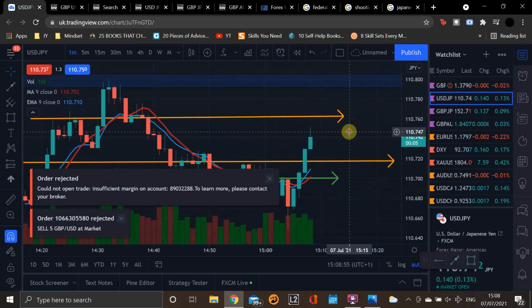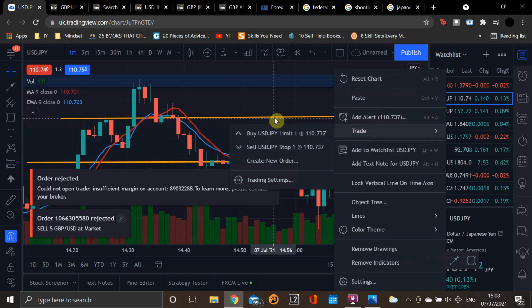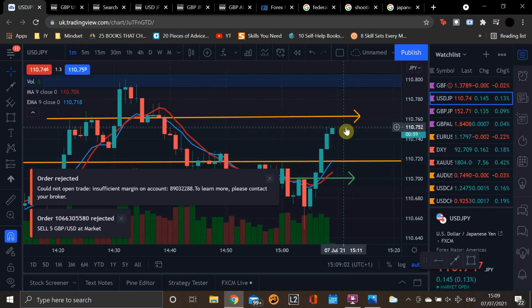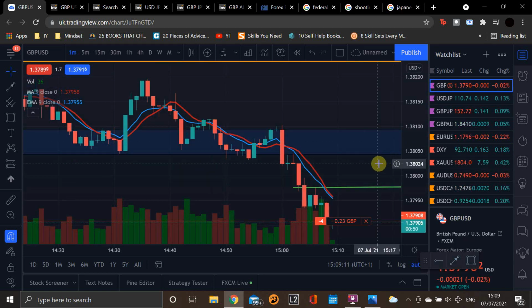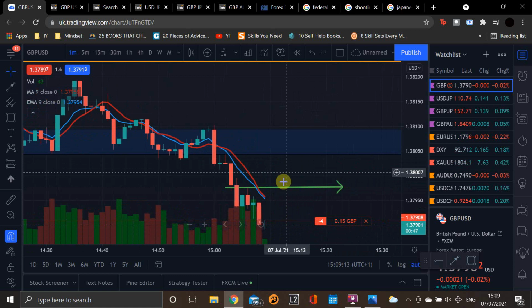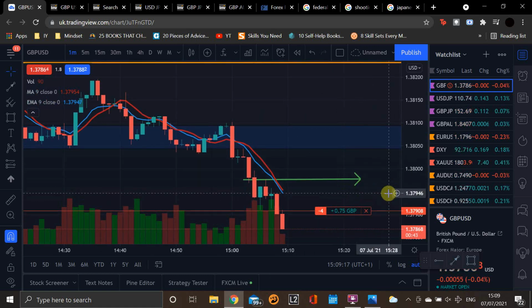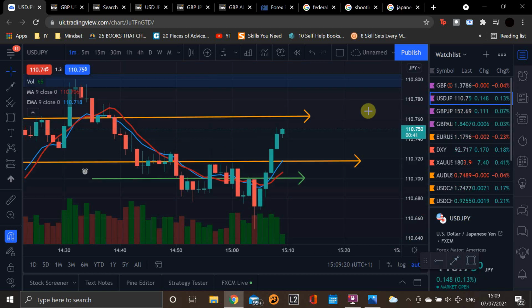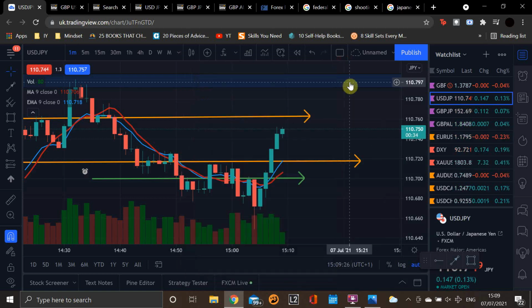Let's look here. So it's broken past. USD's picking up a little bit more. Same thing as JPY. I don't have enough funding in my account to do this trade.